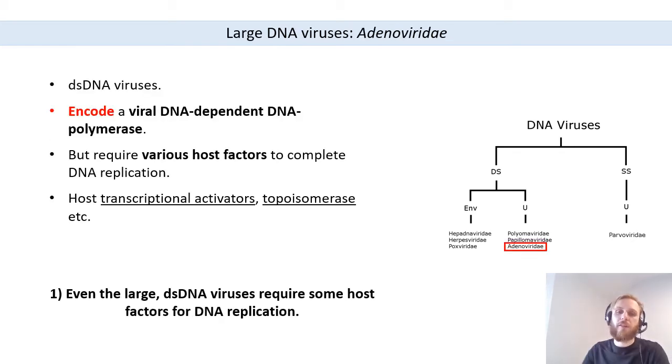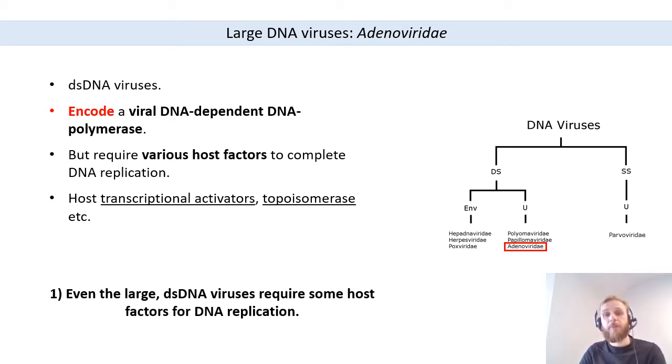Okay, so let's look at some examples. A large DNA virus, we can think about the adenoviruses, members of the Adenoviridae viral family, double-stranded DNA viruses. They encode the main part of the machinery themselves, and the main part of the machinery for genome replication is the polymerase that mediates the process.